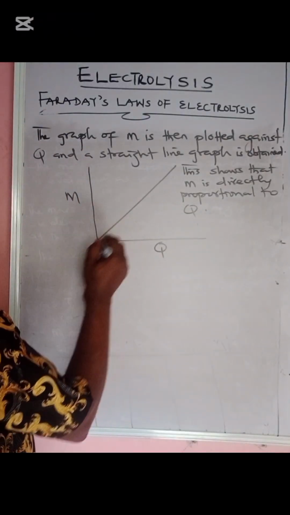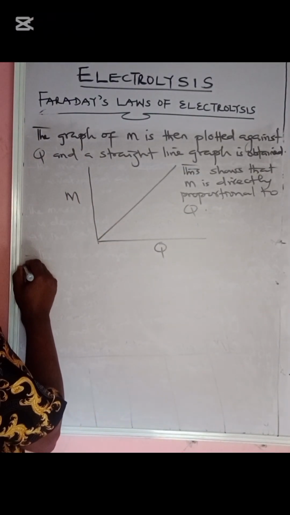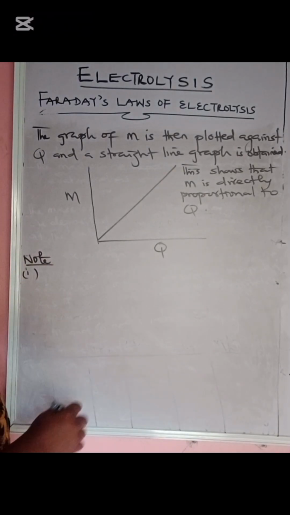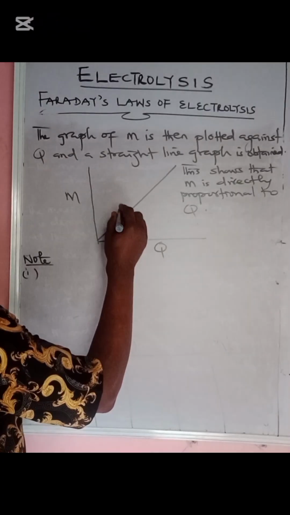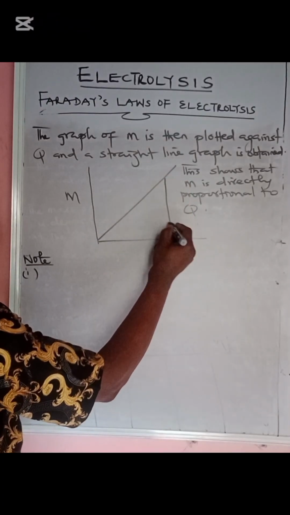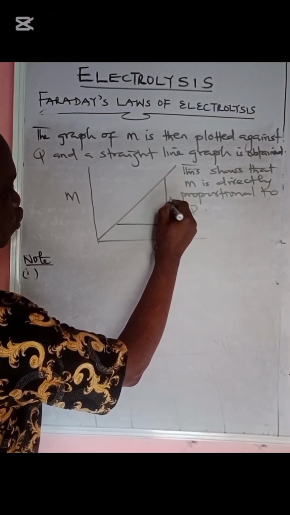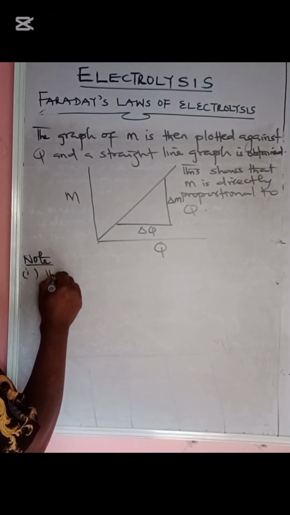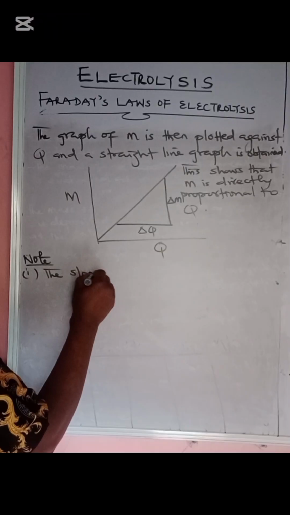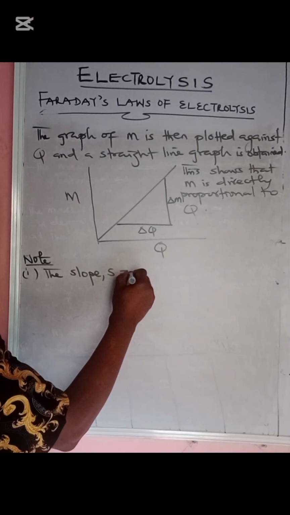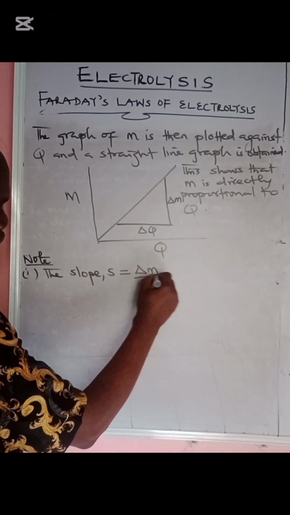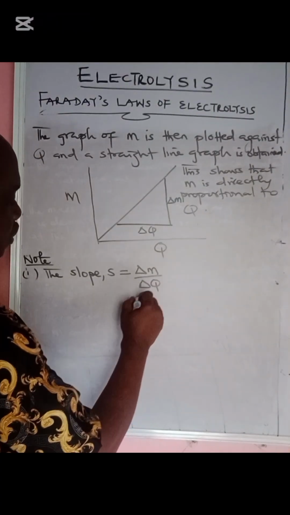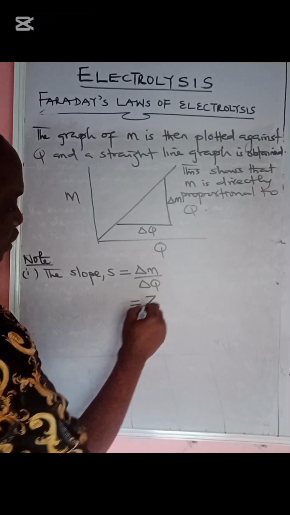So in case, take note of the following. All these are special notes. In case you have to perform an experiment to determine electrochemical equivalence, you have to find the slope here, change in M, change in Q. So the slope S is equal to change in M over change in Q. You could say Z to represent electrochemical equivalence.